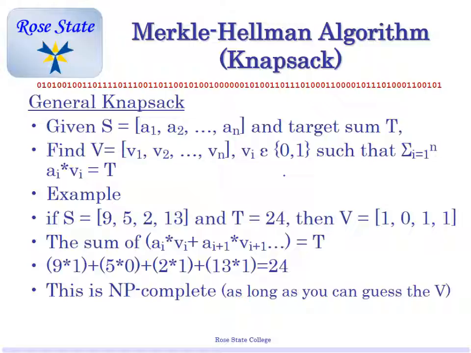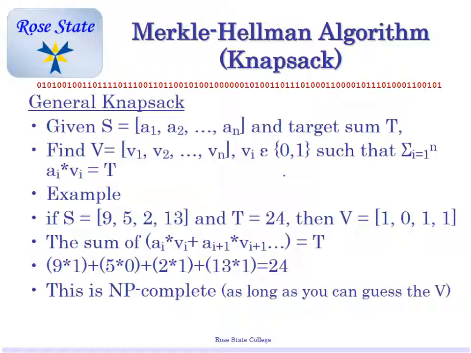Okay, so let's talk about the general knapsack. Given a simple knapsack, A1 through AN, where N means you keep going as long as you want, and a target sum, that would be that 113. So in other words, that's the 5, the 7, the 13, the 32, the 69.